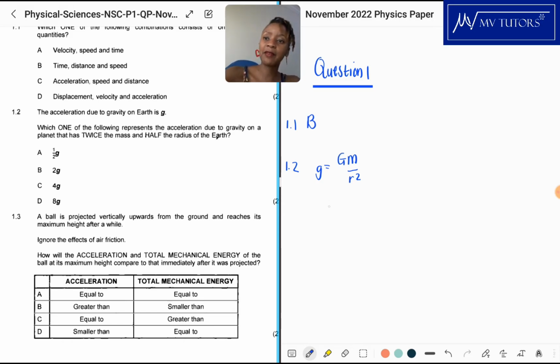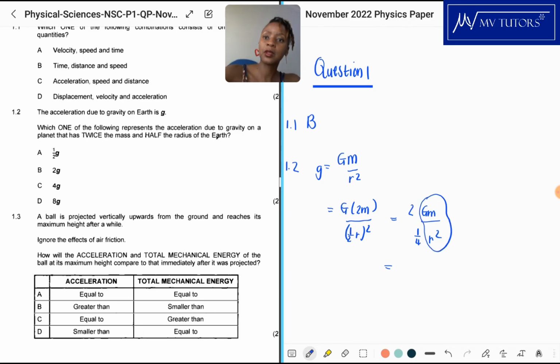Now we have twice the mass, so it will be g times 2m and half the radius. So what then do we get? We get 2gm all over a quarter r squared. Do you see this whole term is our g over there?